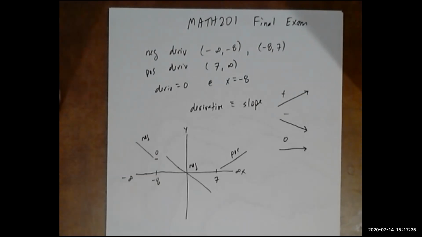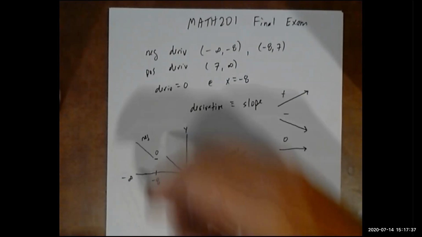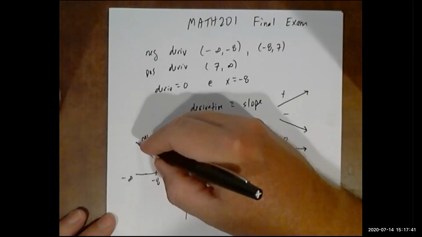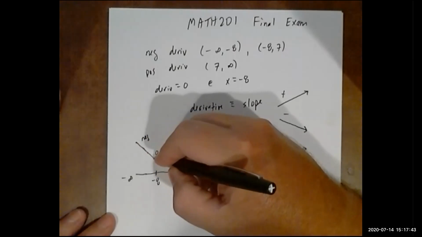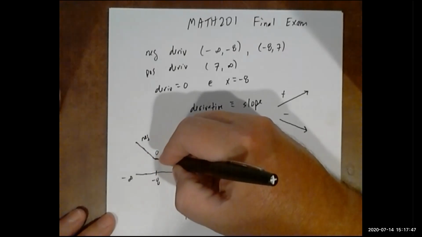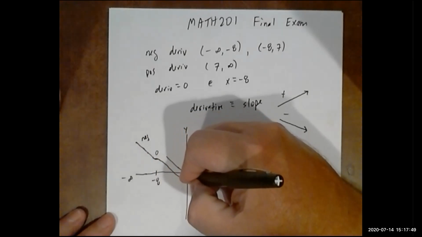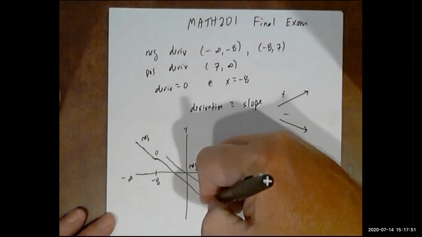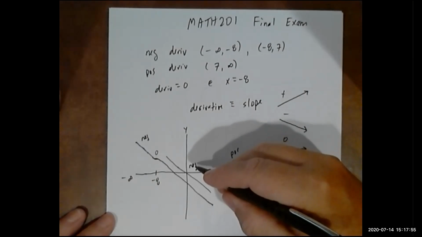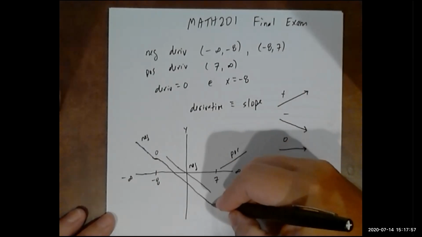So if you try and match these up, I'll just try and make a sketch where it's coming down, and then at -8, it flattens out just for one point, and then it comes down again. Once you get to 7, all of a sudden, the derivative is going to go from negative to positive, so it must.